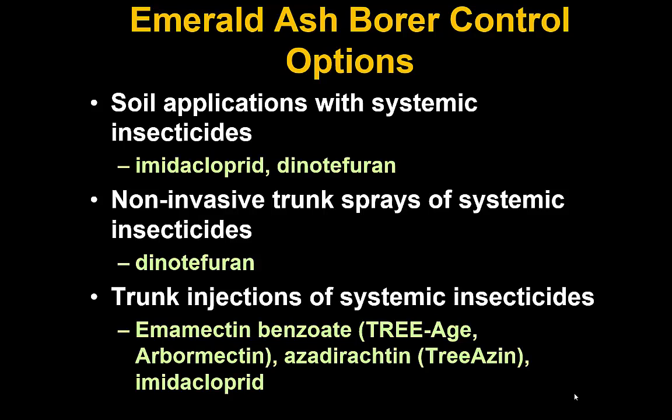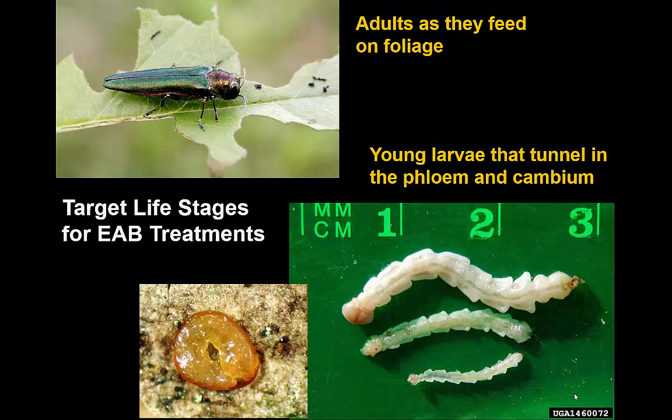So we have various kinds of emerald ash borer control options with systemic insecticides that include soil applications. There is a trunk spray that can be used, and there are trunk injections that have to be introduced through a drilled hole. But these all can work for emerald ash borer. And the targets for this insect, when you're using these systemic insecticides, are actually two different life stages.